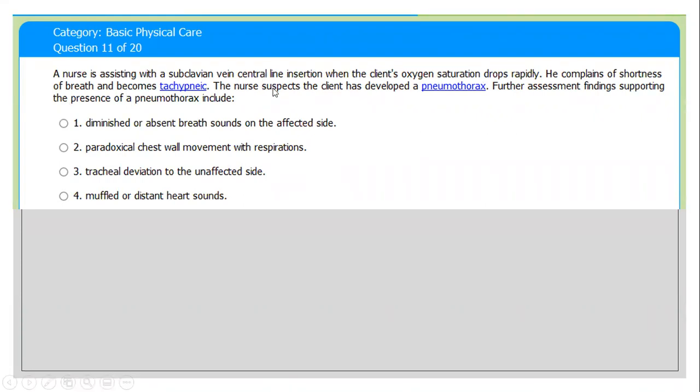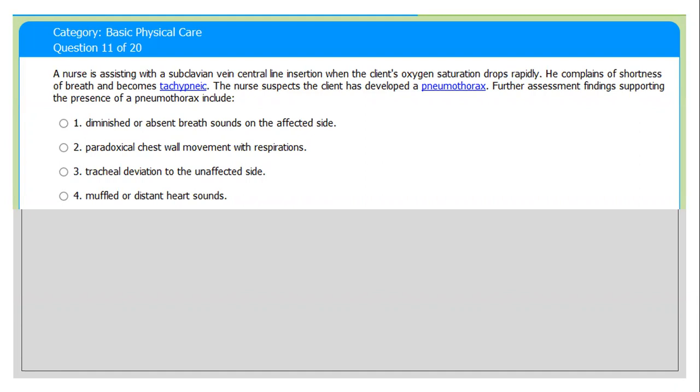The nurse suspects the client has developed a pneumothorax. Further assessment findings that support the presence of a pneumothorax include: so my patient has a pneumothorax, with oxygen saturation dropping, tachycardia, and shortness of breath.